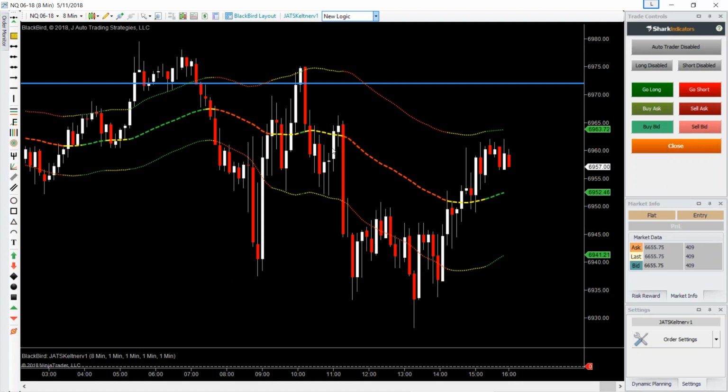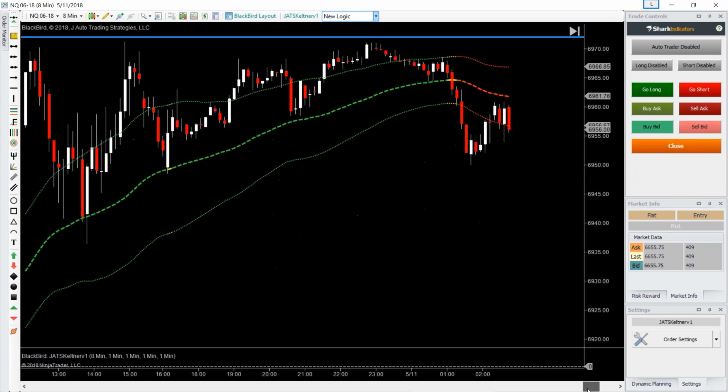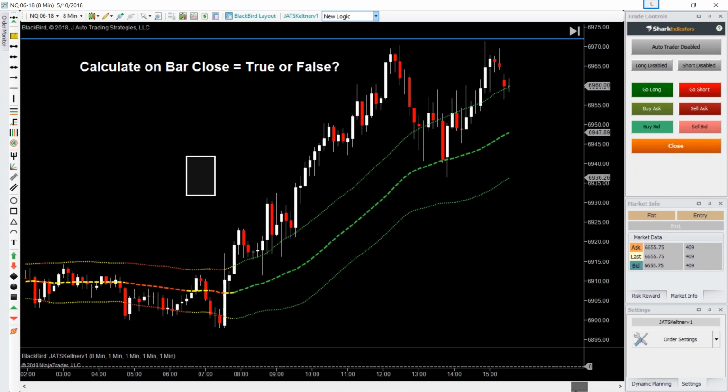So, love the Keltner channel. Love the new trading methodology, COBC false. I think I'm going to be adopting this a lot more in the trade room and not really using anything but COBC false going forward in my trading and buying those lows and highs.